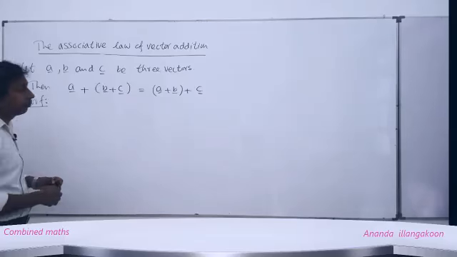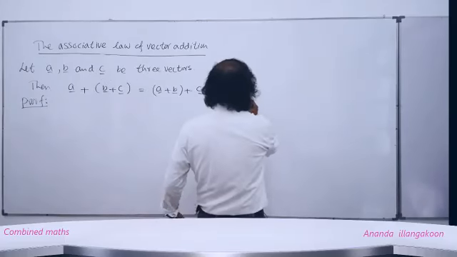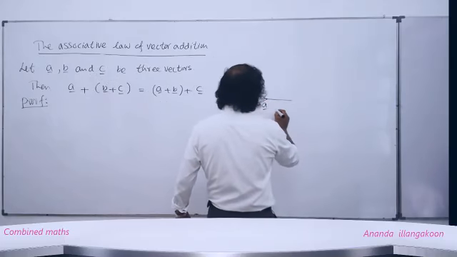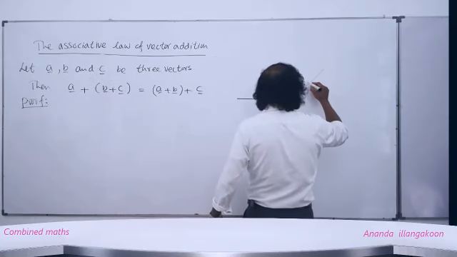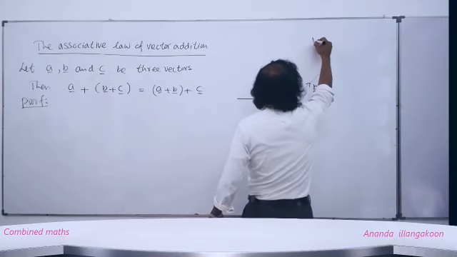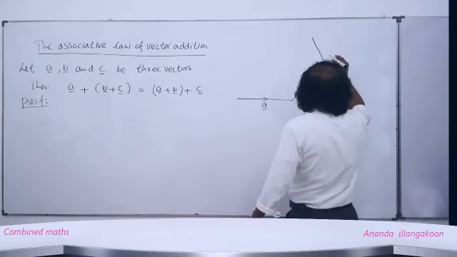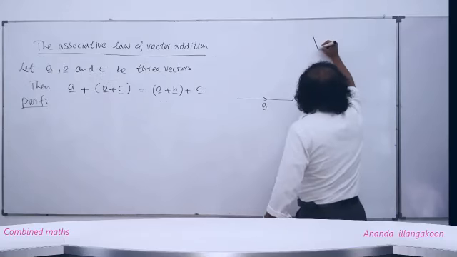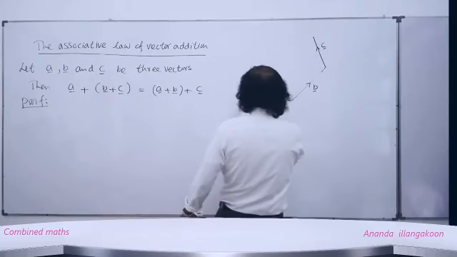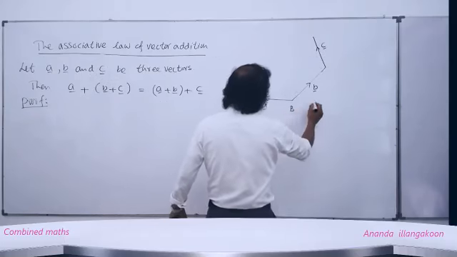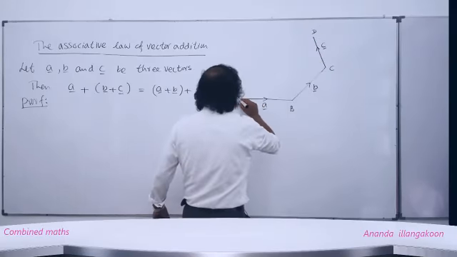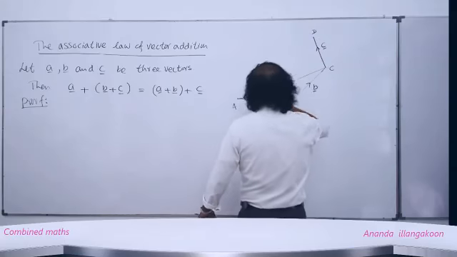I'm going to take, people, this way the vector A, this way the vector B, this way the vector C. Right. Suppose this point is A, this point is B, this point is C, this point is D. Then you can join like this, and you can join like this.